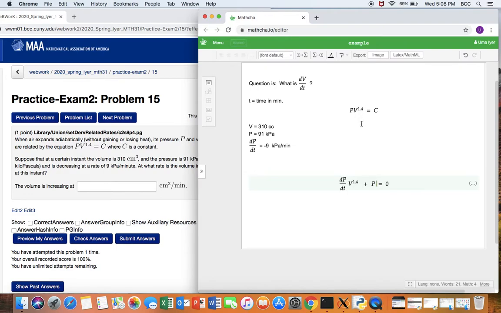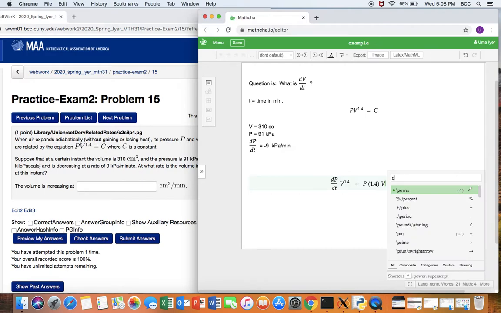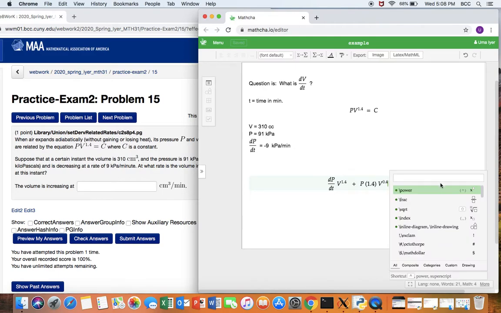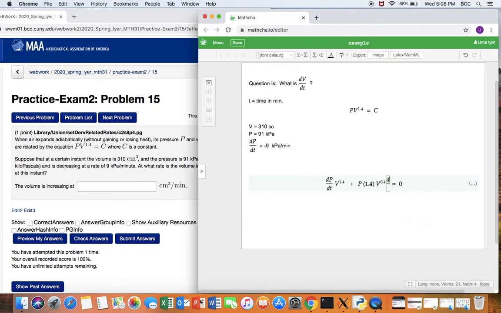Power rule tells me bring down the 1.4, reduce the power by 1. So 1.4 minus 1 is 0.4. And notice we are taking derivative with respect to time, so I still need to write dV/dt.